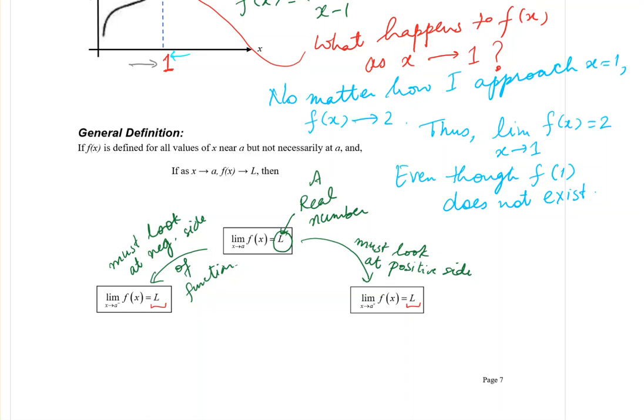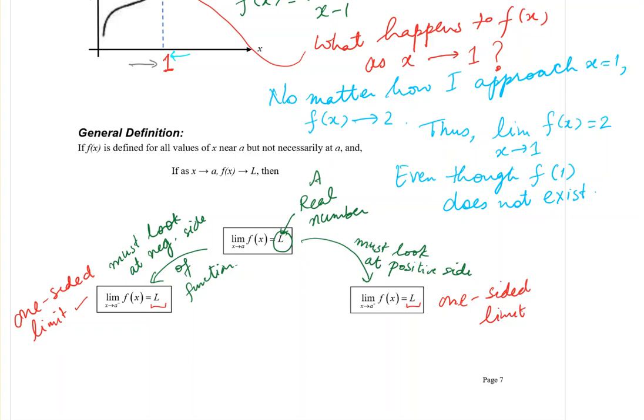So if you look at only the limit as x approaches a from the negative side, we call this a one-sided limit. Similarly, if we look at the limit as x approaches a from the positive side, we also call this a one-sided limit.